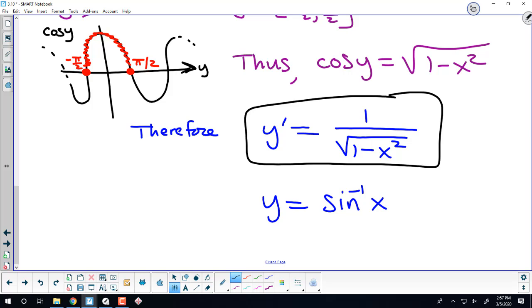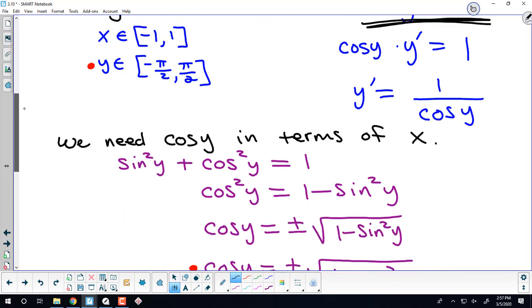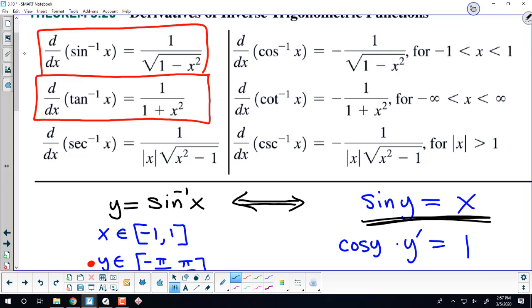You don't need to remember the derivation. I think it just lends itself to more insight as to where these derivatives come from. So if you look at the other ones, they're all very similar to that process. They just involve something a little bit different. The issues come with inverse secant and inverse cosecant.